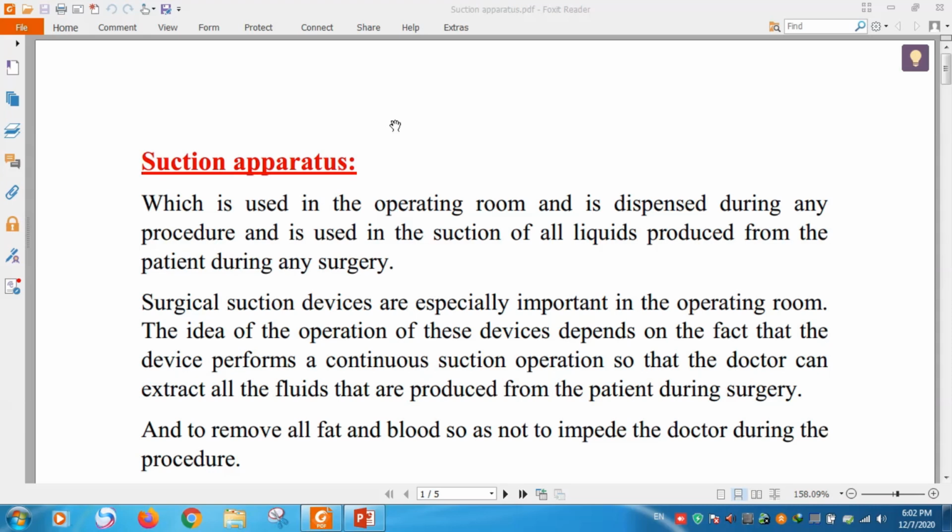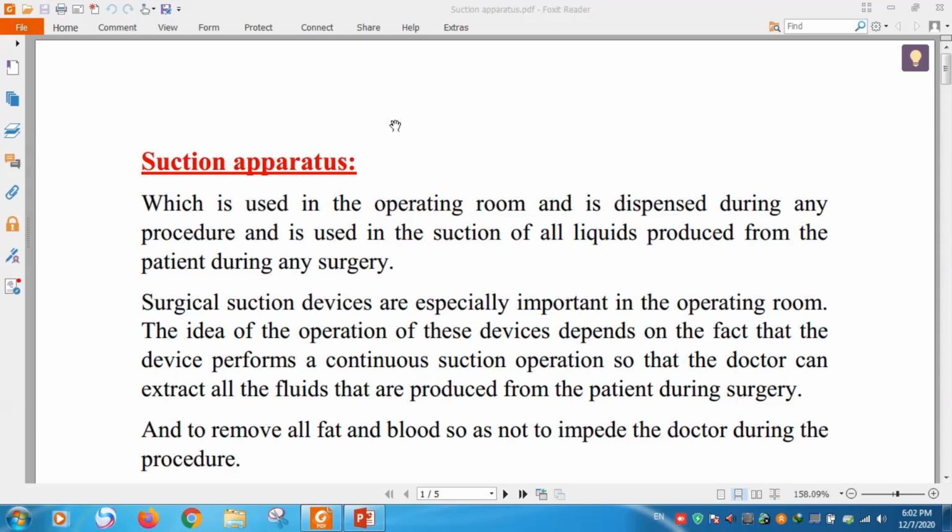Today our theoretical lecture is about the suction apparatuses. As you know, we have in the theater room or in the ICU room some device like suction.